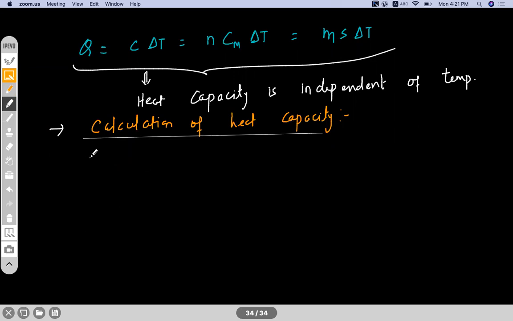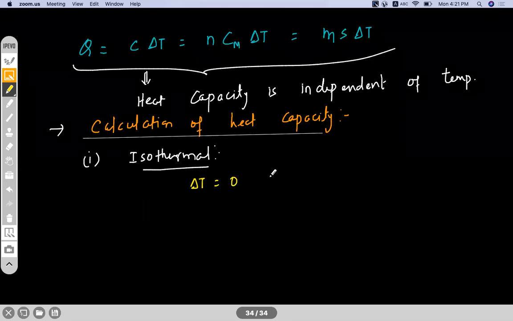Okay. So if the process is isothermal, then what happens? Could you tell me in isothermal process, what is the value of delta T? Zero. No change in temperature, it is zero. And when delta T is zero, what is the value of C or Cm or S? It is infinity.